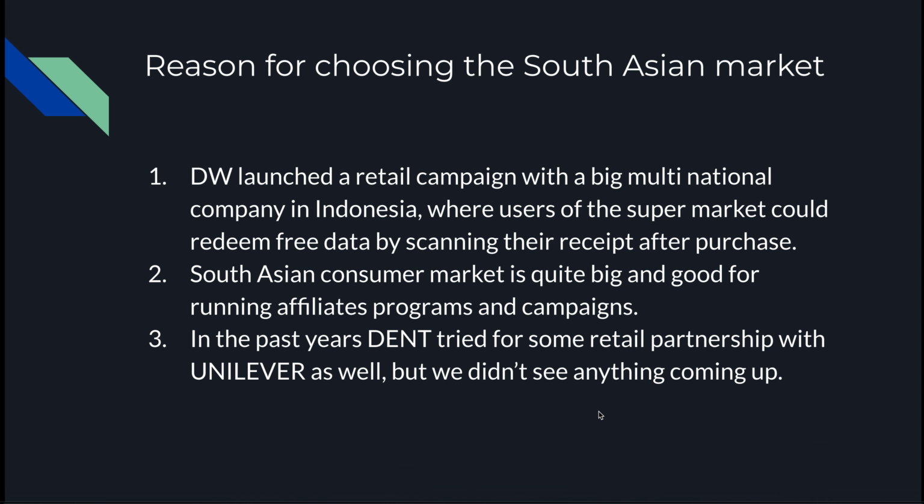And in the past years, DENT tried for some retail partnership with Unilever as well. I think we may have forgotten that, but a year ago, if I remember correctly, they tried to establish some meetings with the Unilever team. Basically they were planning to provide a QR code inside some of Unilever's products, and for some reason that didn't happen.